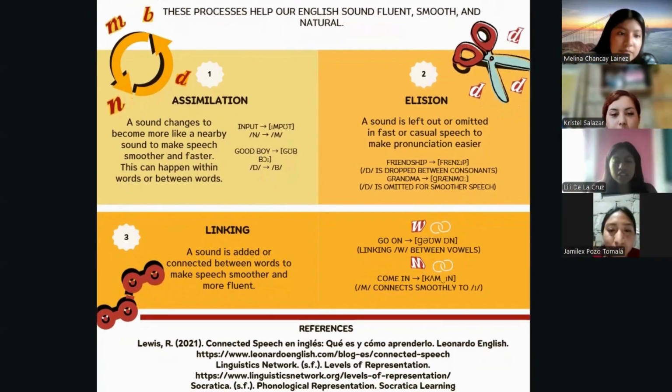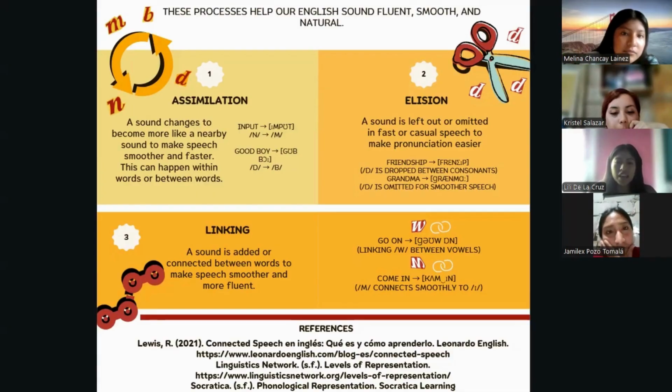Linking is when the last sound of one word connects with the first sound of the next word. It often happens when a word ends in a consonant and the next begins with a vowel. For example, instead of saying come in as two separate words, native speakers say come in.